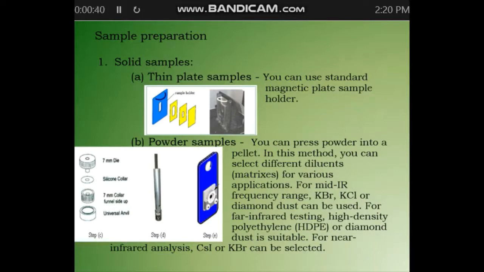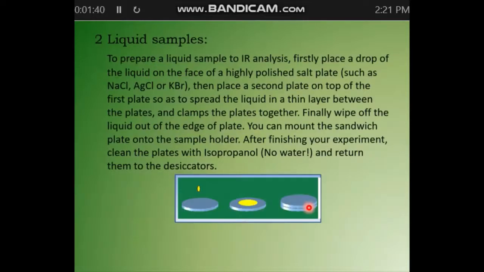A good KBr pellet is thin and transparent. If it is not transparent, it might give a poor spectrum. Also, any white spots in the pellet indicate that powder is not ground well enough or not dispersed properly in the pellet. For liquid samples, we use highly polished salt plates such as sodium chloride or silver chloride or KBr, and we sandwich the liquid between the two plates.